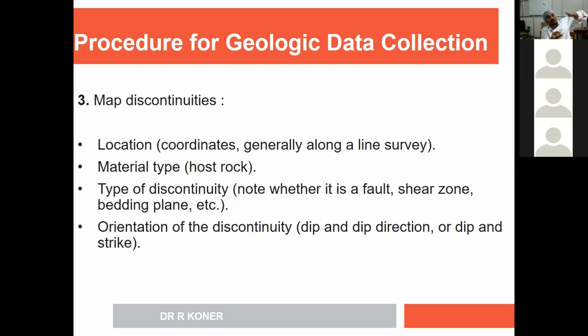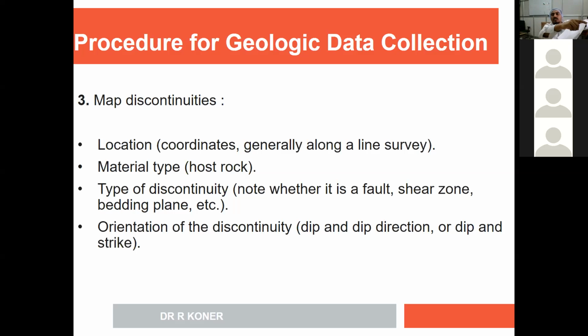This particular outcrop intersecting the horizontal surface, this is the strike. And this perpendicular line is the dipping along this particular line. If you project this line upward, imaginary, this line making an angle with the true north is the bearing or azimuth or the dip direction.